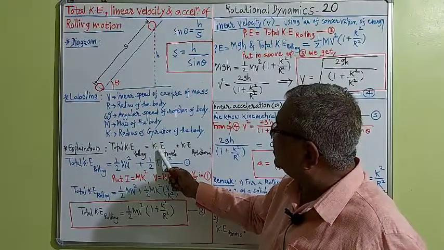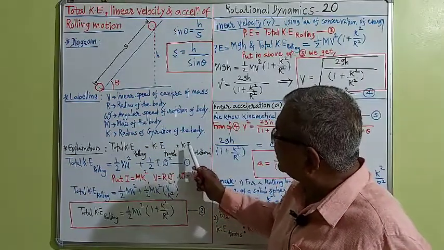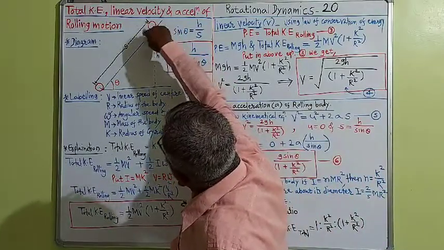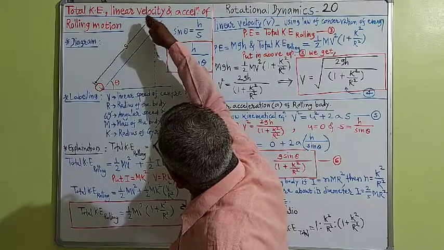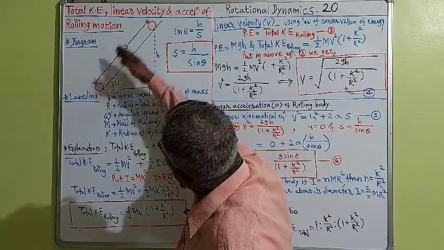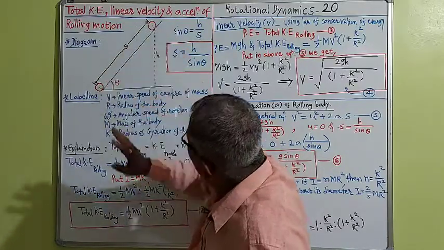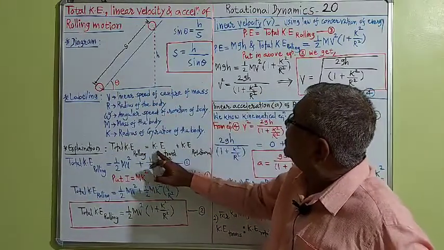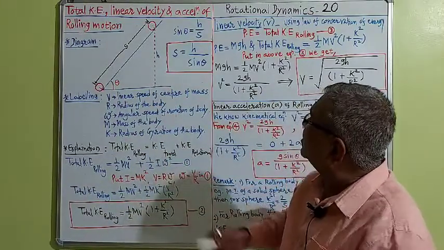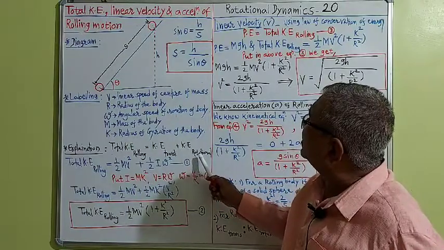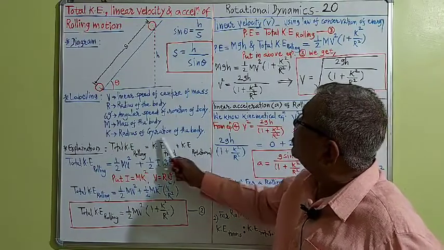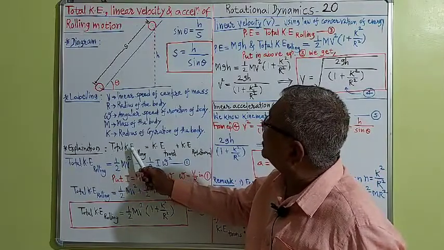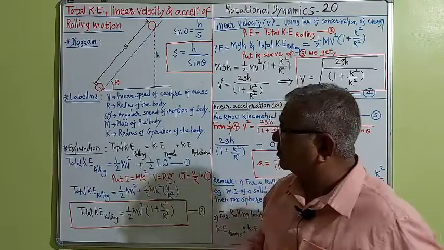Translational kinetic energy plus rotational kinetic energy, because during rotation the body is also transferred linearly from top to bottom. So there are two types of kinetic energy, translational kinetic energy plus rotational kinetic energy. By the summation of these two, we get the total kinetic energy of the rolling body.